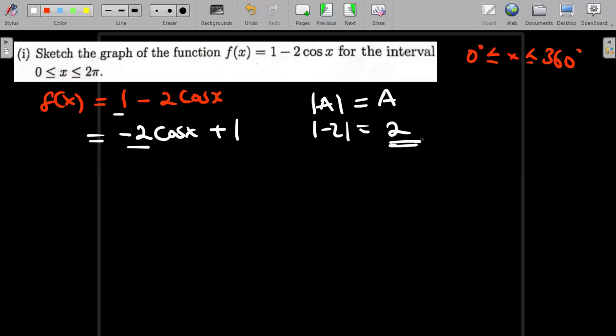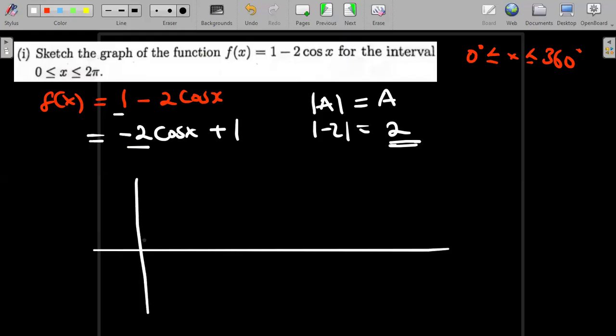Our amplitude is how high the graph goes from the baseline. So if this is our starting point, 0 there, how high will it go?